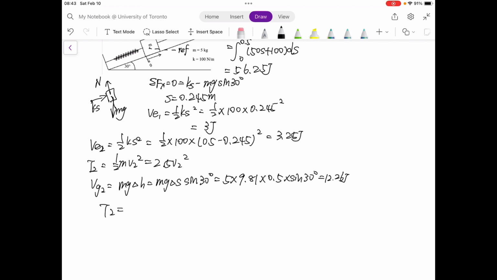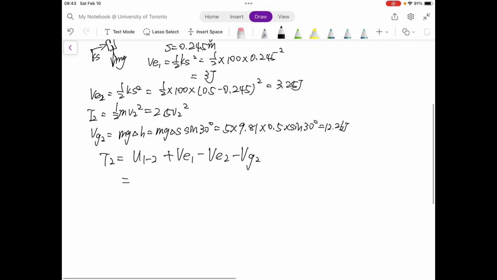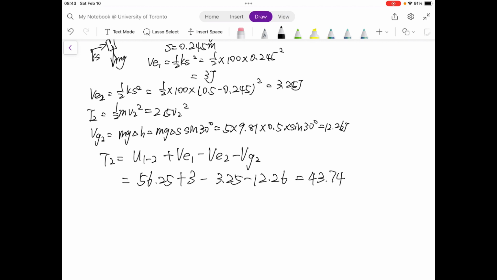We'll have T2 is equal to U1-2 plus Ve1 minus Ve2 minus Vg2. So we have 56.25 plus 3 minus 3.25 minus 12.26 is equal to 43.74. So v2 is equal to the square root of 43.74 divided by 2.5, which is equal to 4.18 meter per second.